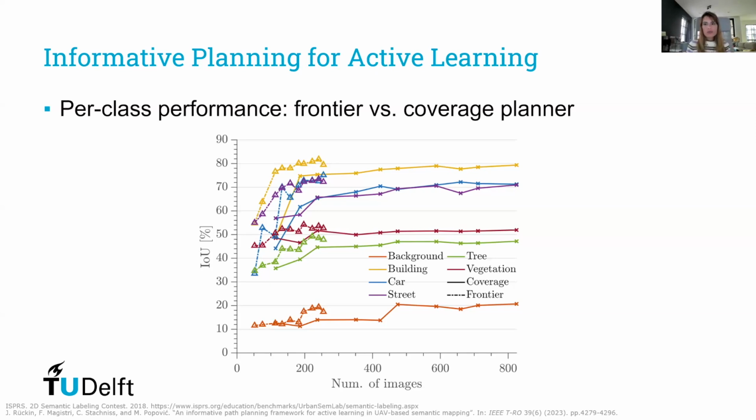By looking at the curves, we can see that the informative planner does better than the baseline for all of the classes. This confirms that the framework can capture these complex task-dependent model uncertainties regardless of the training data support, because certain classes appear more or less in the data set, and we also have more difficulty distinguishing them. But here we can verify consistent performance by using the informative planning framework.